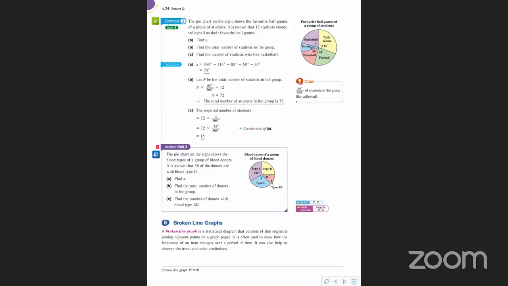Okay, it can also help us observe the trend. Okay, I told you about this yesterday. Okay, and make prediction. Prediction means people can look at the diagram and then can tell something in the future. Okay, that is prediction.